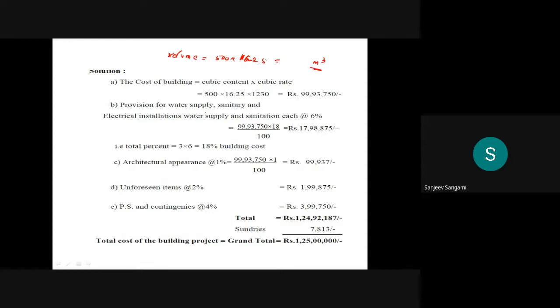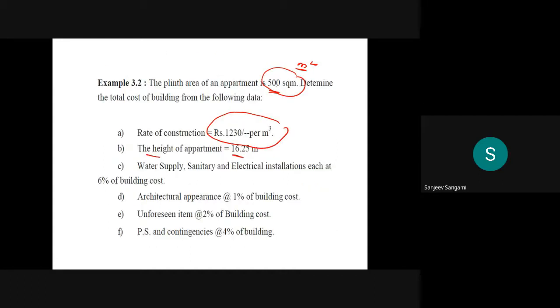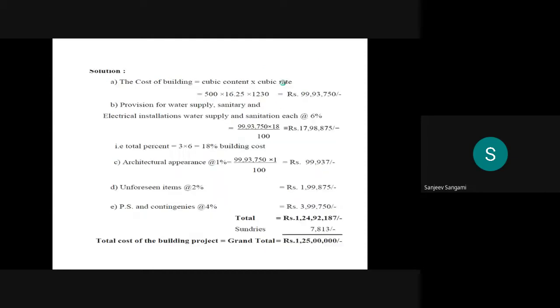This is nothing but the volume in terms of meter cube. Then the rate, it is per cubic meter he has given, the rate of construction, that is Rs 1230 per meter cube. Just multiply with that. So you'll get the total rupees.